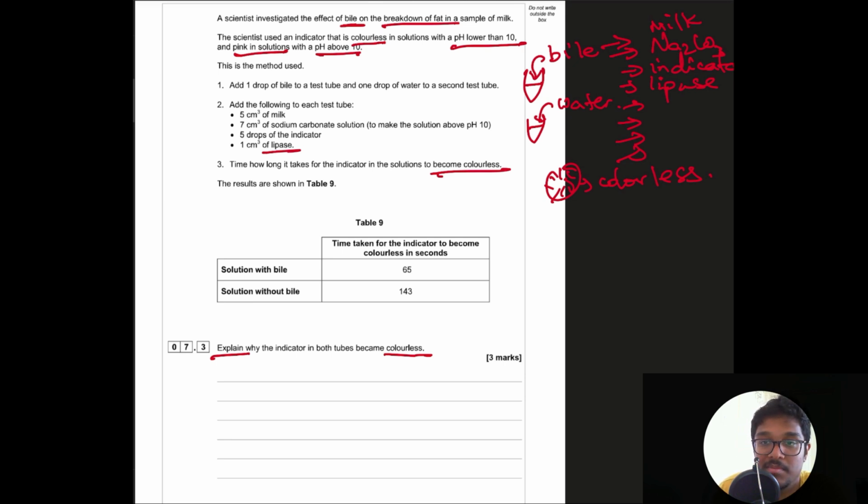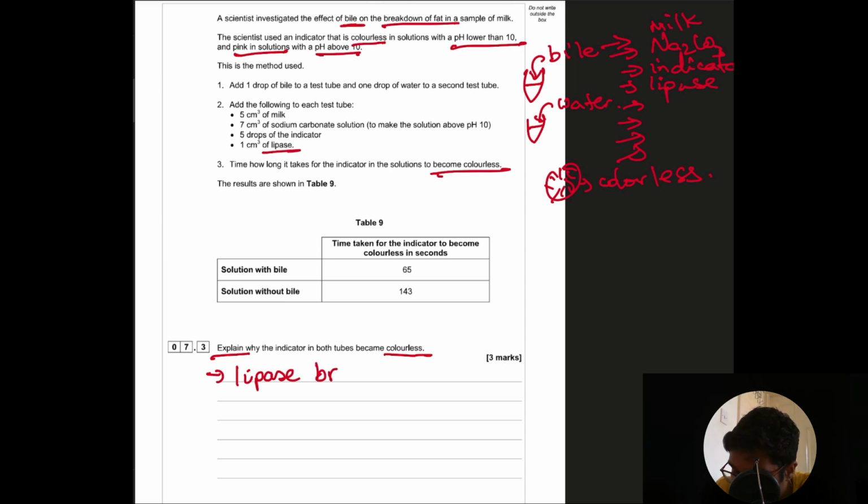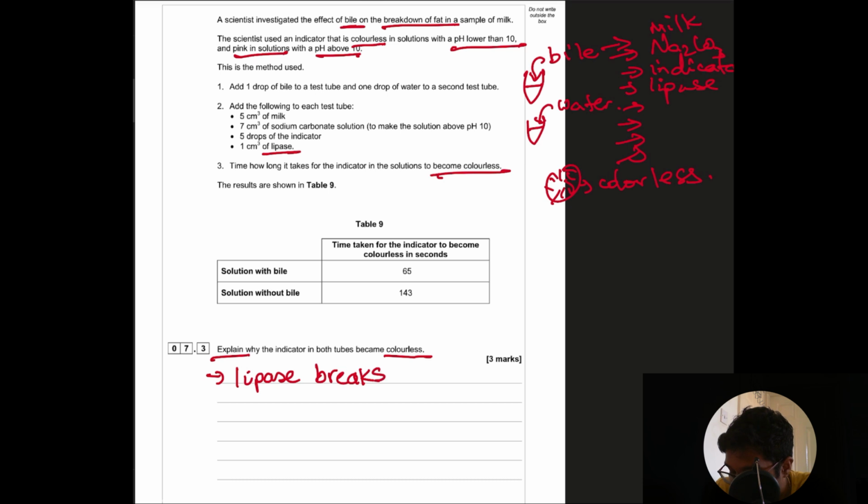we can start by saying that lipase breaks down, or if you want to be posh and fancy, we can have hydrolyzes. Good term to use, hydrolyzes. The fat down to fatty acids.